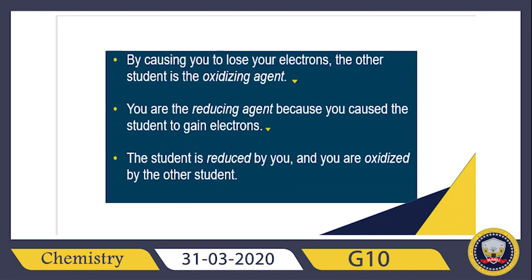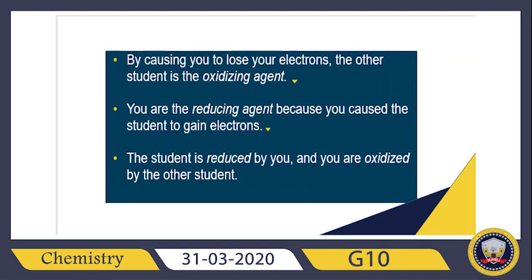And you may remember, guys, that we said that oxidation is when a certain atom loses a number of electrons, while reduction is when a certain atom gains a number of electrons. So by causing you to lose your electrons, Bilal, who lost the electrons, became oxidized. So who caused you to become oxidized?